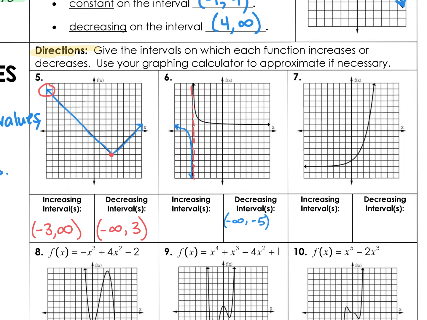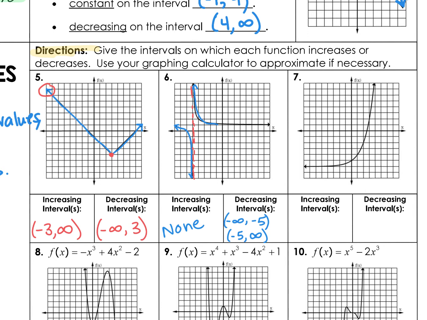All right, after my asymptote, I'm here, and I continue to decrease. So my other decreasing starts at -5, that's the asymptote, all the way to infinity. And there's actually no increasing interval on this graph.